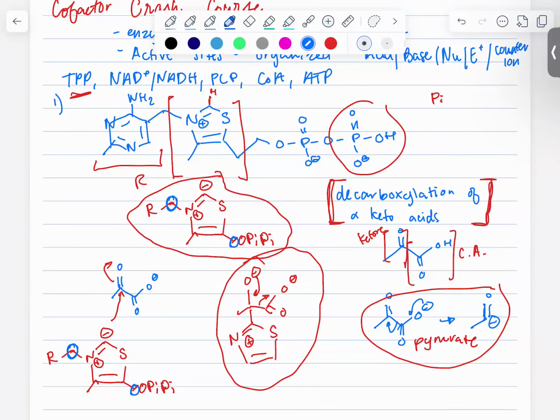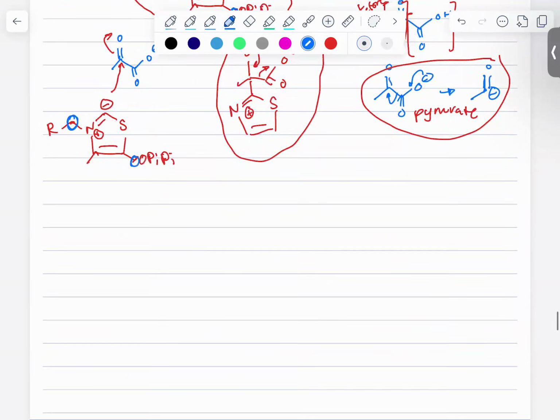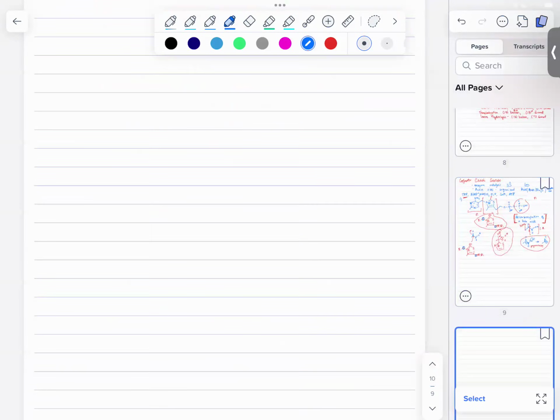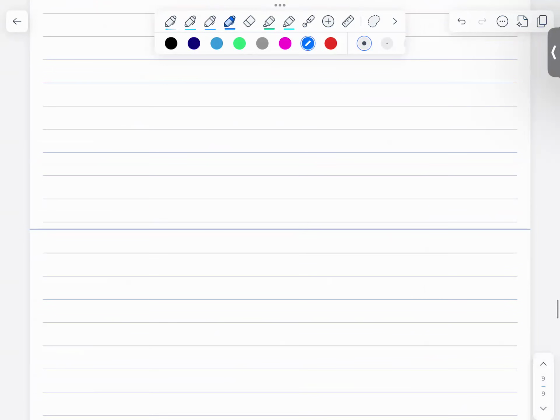Okay. We'll move to NAD and NADH. Does anyone know what kind of reactions you should think of when you are thinking NAD and NADH? Redox. Exactly. So NAD and NADH, they're the same thing, but in the reduced or the oxidized form.